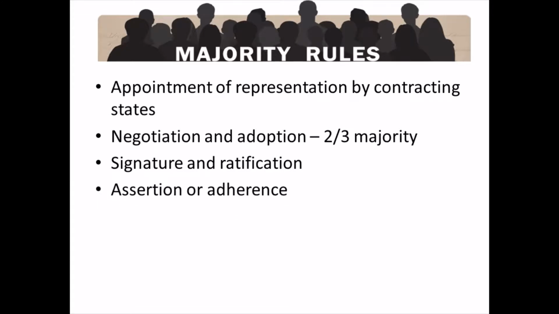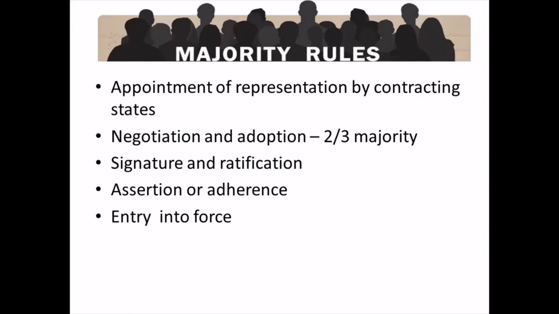Fourth, there must be assertion or adherence, and entry into force. For any agreement or treaty, there must be an entry into force. So, what is the article that talks about ratification in India? In India, Article 253 of the Constitution states that the President, on advice of the cabinet, has to sign and give consent only after it has been accepted by the parliament.